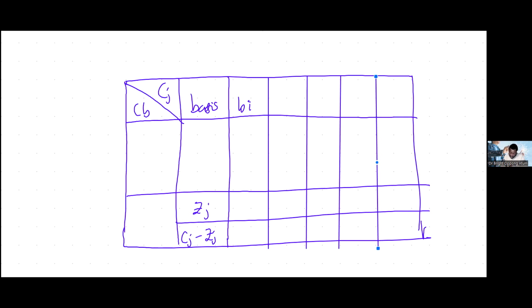So what we do here is that we introduce our decision variables. The bi are the resources, and the xi are the decision variables.